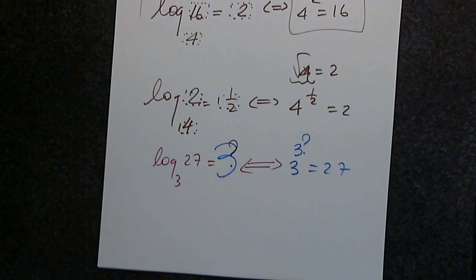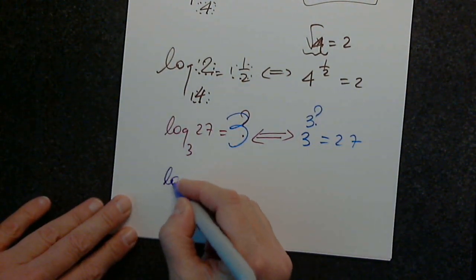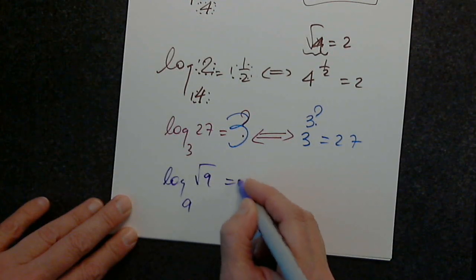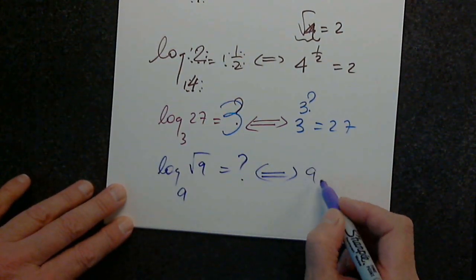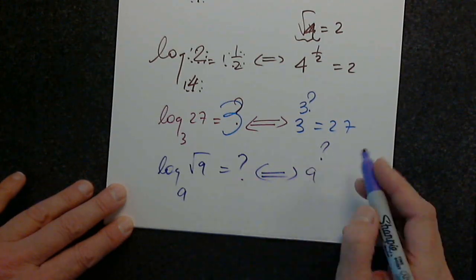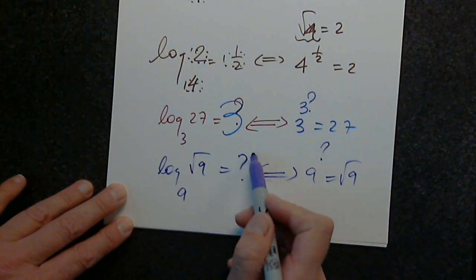Yes. Okay. So you could rewrite that as log base 9 of the square root of 9 is unknown, but I know that 9 raised to an unknown power equals the square root of 9. What can I have here?